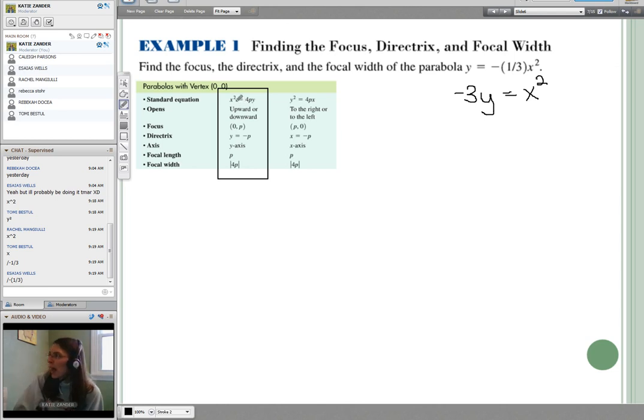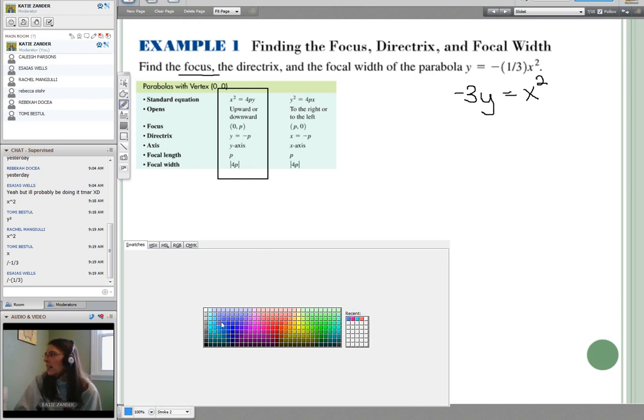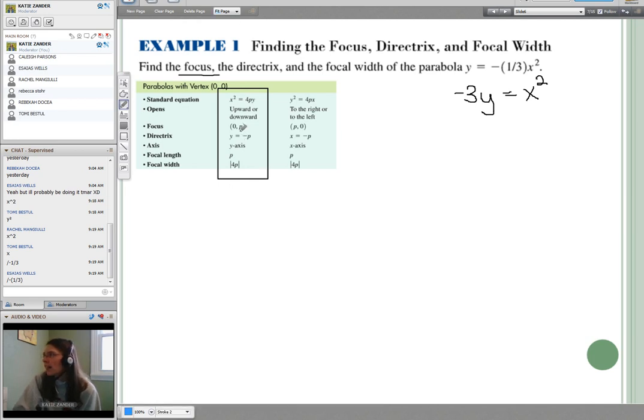Now it's in that format, we should be able to identify the pieces that we need, starting with the focus. All right, so the focus is dealing with that letter p. So we have to then figure out what p is. Any ideas how we can do that?